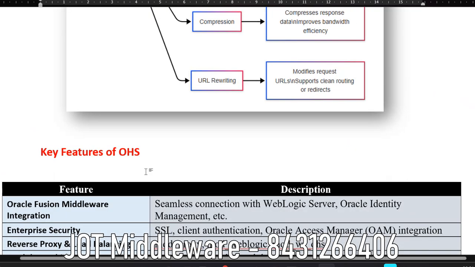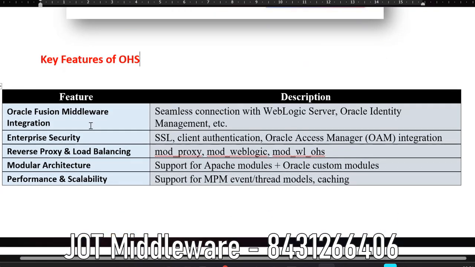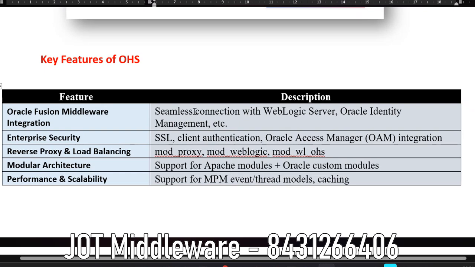And now the key features of OHS. The first feature is Oracle Fusion Middleware integration. It provides seamless connection with WebLogic Server and Oracle Identity Management. So what is Identity Management?